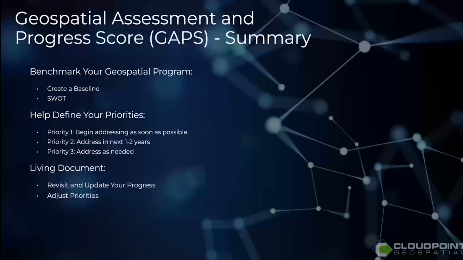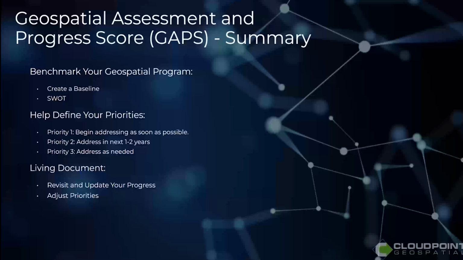So just in summary here, the gaps analysis, again, think about this as you're assessing your entire geospatial program, right? So thinking back to the title of this, keeping your GIS house in order. So we're going to create that baseline. We're going to identify our strengths and weaknesses. And then we're going to start to define our priorities.